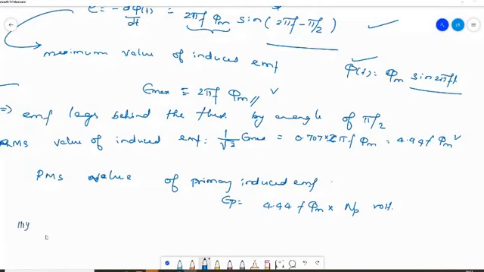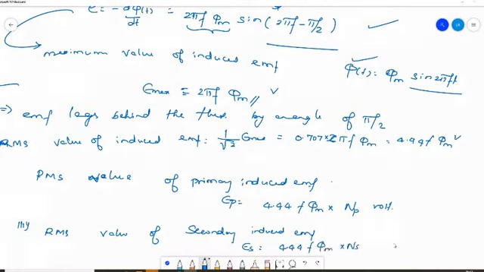In the same way, the RMS value of the secondary induced EMF, which I can denote as ES, will be again 4.44 f into phi m into the number of turns in the secondary winding. So we know what NP and NS are.